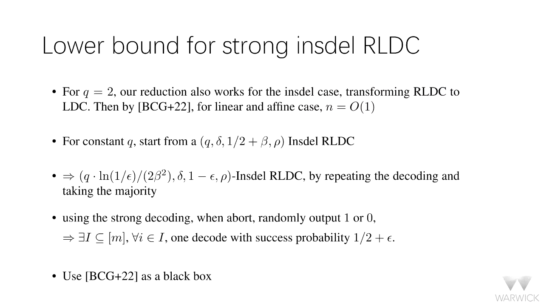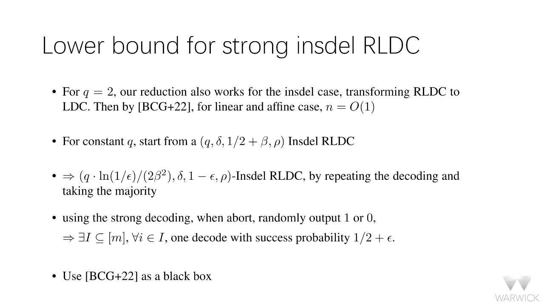We still have some time. For the lower bound for strong in-style RLDC, for the Q equal to 2 case, we can actually use the same idea. Our reduction, our transformation also works for the in-style case. We can transform RLDC to LDC, and then by using BCG+22, which is a strong lower bound for the in-style LDC, especially for the linear and fun case, the message length has to be a constant.